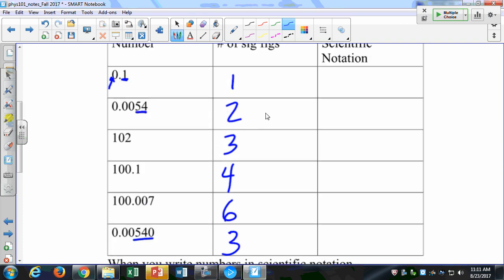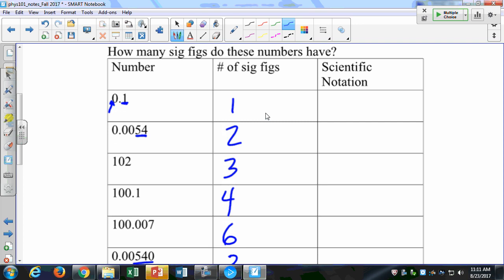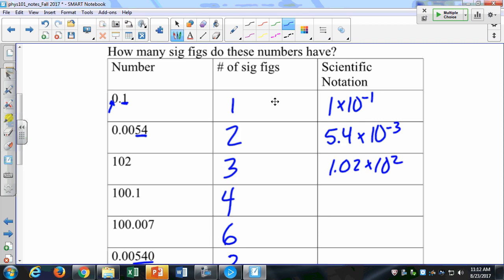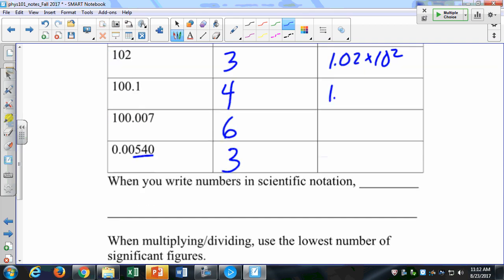If you ever have a question, you can write in scientific notation, and in scientific notation, all the digits that you write are sig figs. So this would be 1 times 10 to the minus 1. This would be 5.4 times 10 to the minus, what? 3. This is 1.02 times 10 to the 2. 1.001. There are 4 digits there.